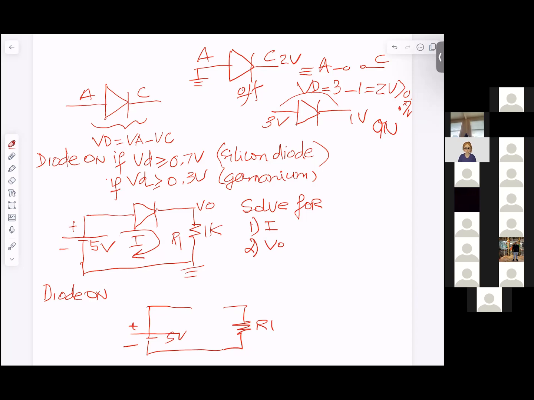Instead of the diode, now you draw the battery, positive, negative, with the value 0.7 volt.